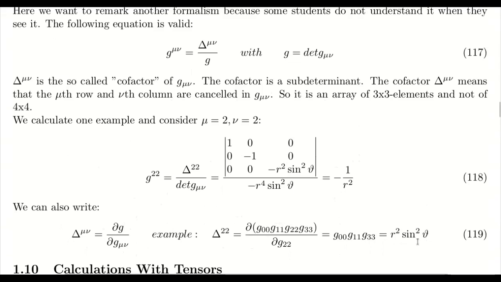And yeah, that should be the cofactor delta 2 2. And we can compare that here in 118. Here we have the explicit determinant in the numerator here. And the determinant is only the product of the diagonal elements. So minus and minus is plus. And we have r squared and sine theta squared. And see, yeah, that is the same as what we have here in 119.